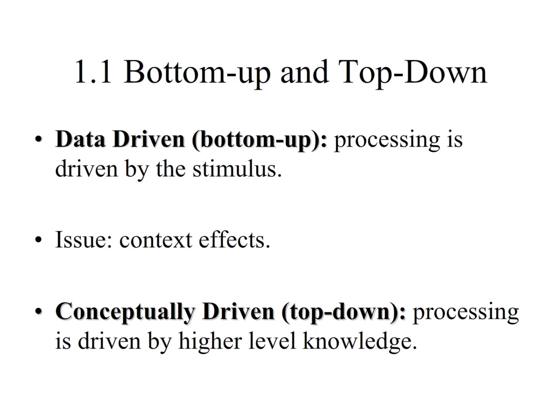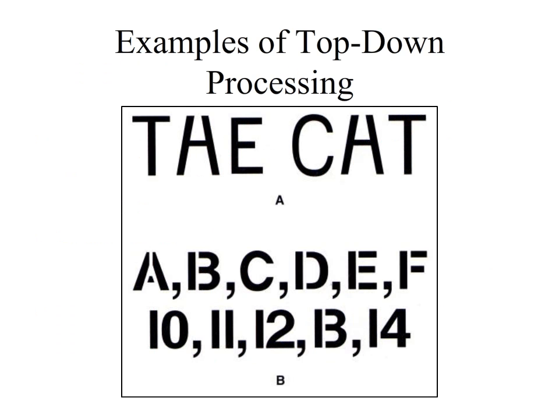Let's now look at a couple of context effects so that we get an understanding of how conceptually driven processing might occur. Let's look at the first example, the cat. Notice anything similar about the two words? Yes, the second letter in each word. They're identical, but in the first word, we're reading T-H-E.